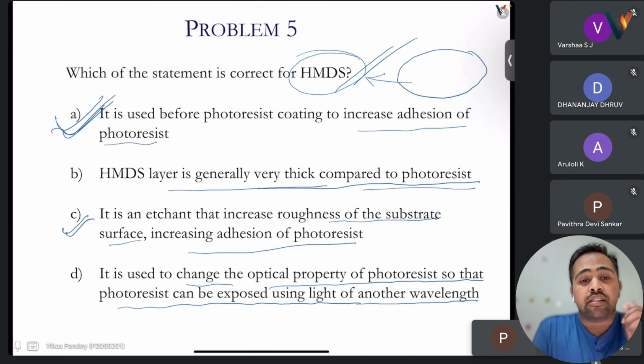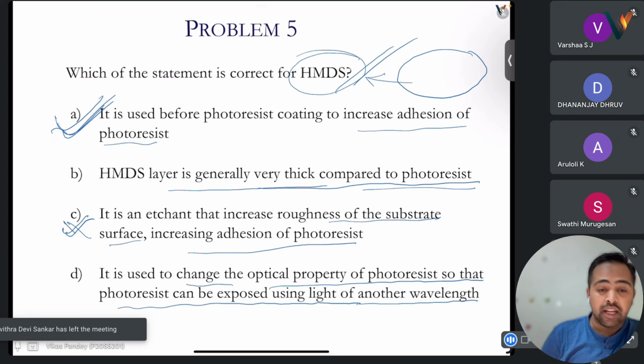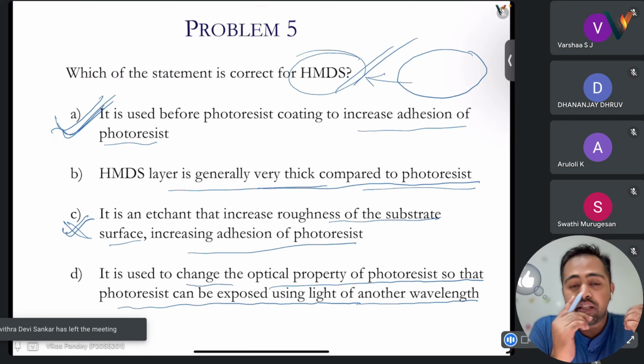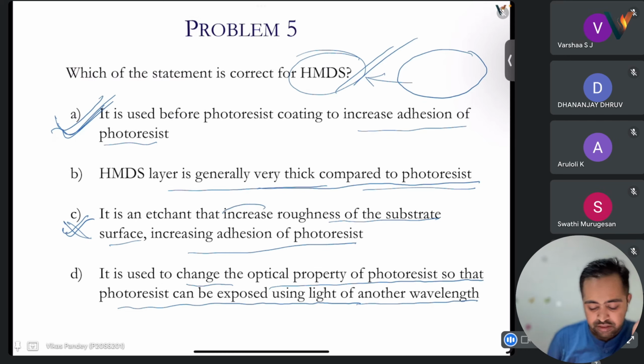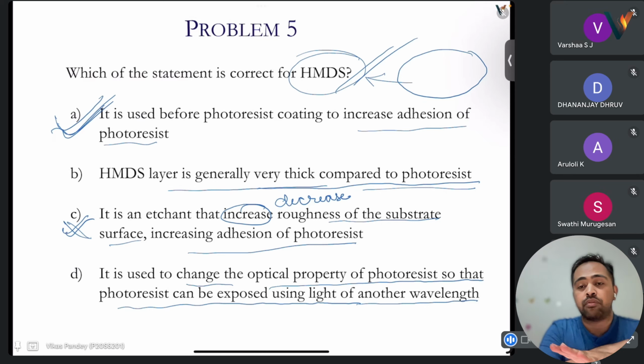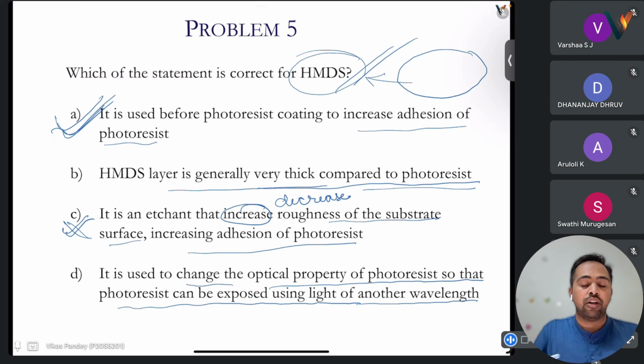It is an etchant that increases roughness of the substrate. This is not right, because first of all we don't want to increase the roughness, we want to decrease the roughness. We are not trying to put something in bulk, we want a very thin layer of photoresist on top.